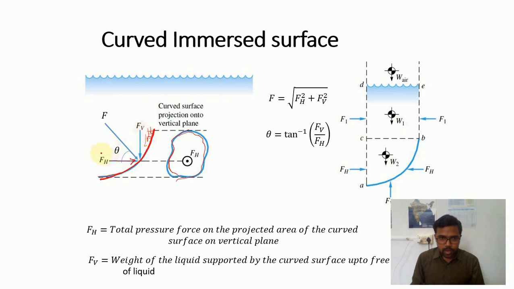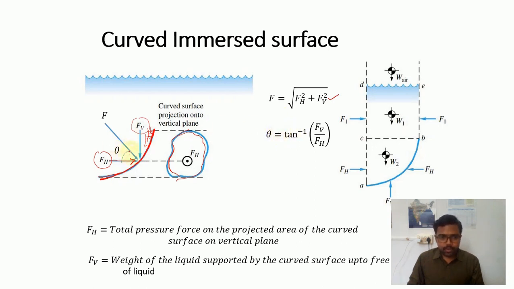So FH and FV are the horizontal and vertical components of the force on the curved surface. The resultant of these two components gives us the resultant force acting over the curved surface. So this is the equation. Now the next question is where it is acting, that is, its inclination with the horizontal or with the vertical.